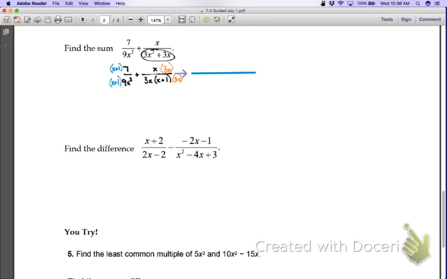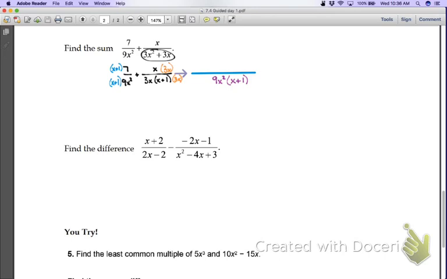Okay? So once I get that, then I'm just going to leave it as 9x squared times x plus 1. Here's why I don't put everything together. I'll put everything together on the top, but the bottom I'm not going to.